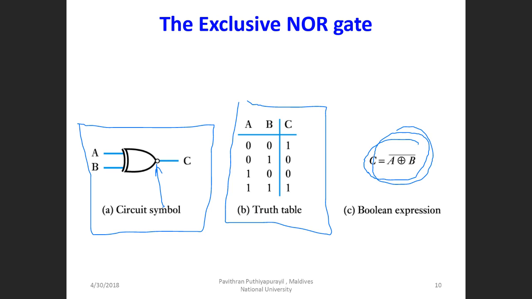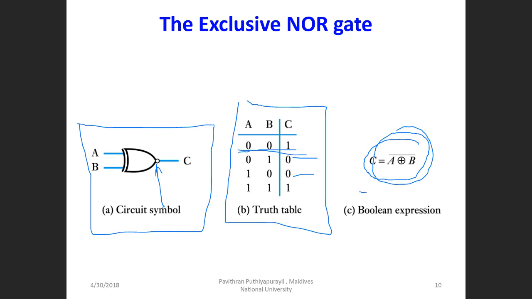But this is inverted in your case, so here both are 0. If you have the same input, that means if the inputs are equal, then you can generate 1 at the output in case of exclusive NOR.